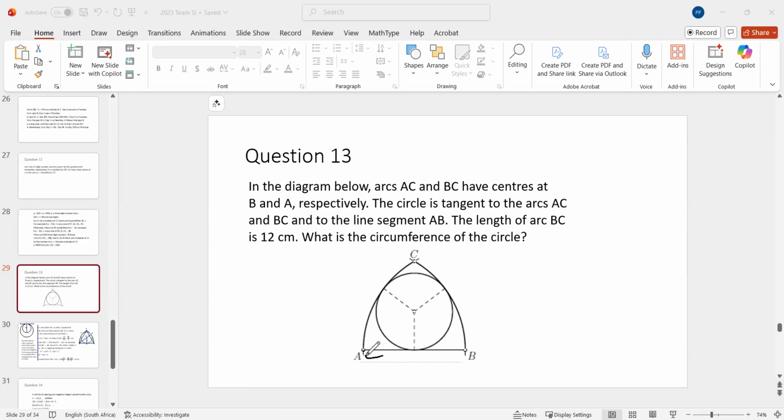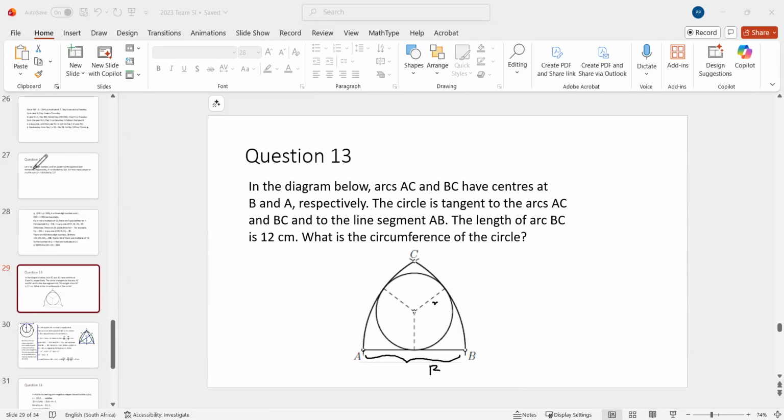Let's call this radius capital R, because I've got another small radius here, which you can call small r. Small radius and a big radius. The center of this other arc is B, so this R is also the radius of this arc here. So these two arcs have the same radius.